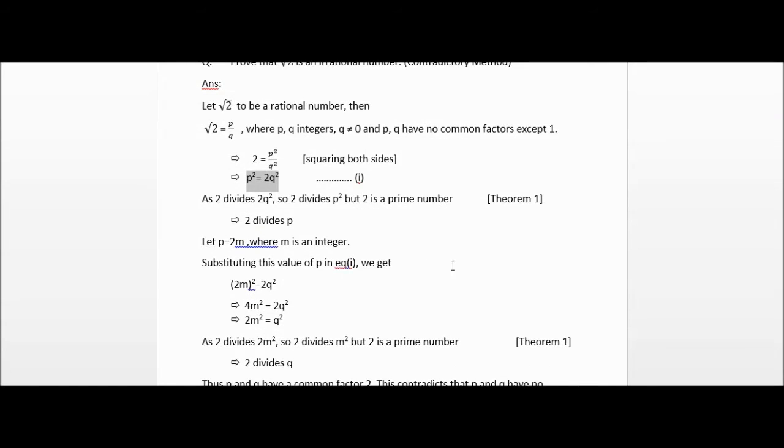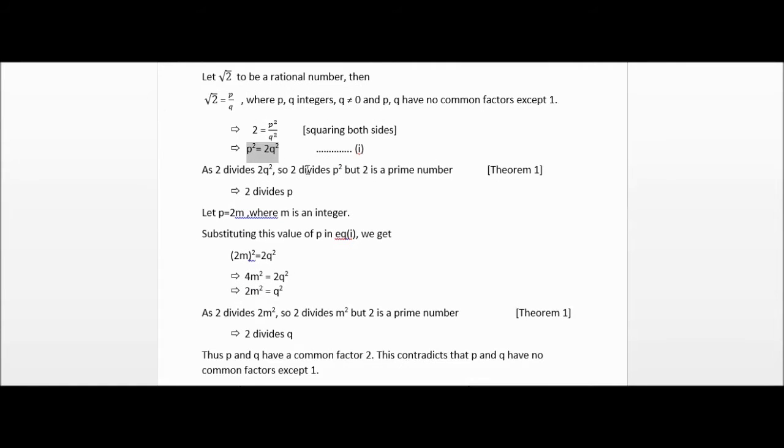Now here I have given this equation the equation number 1. You can see that this expression 2q square is divisible by 2. Any number that is multiplied by 2 is divisible by 2, isn't it?